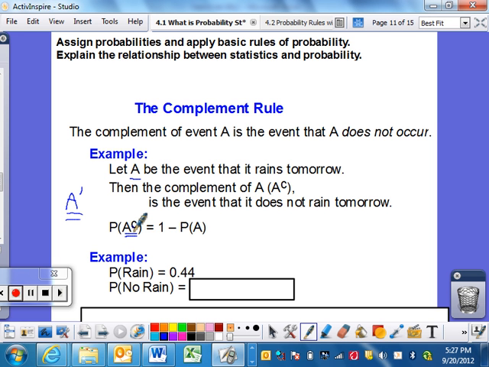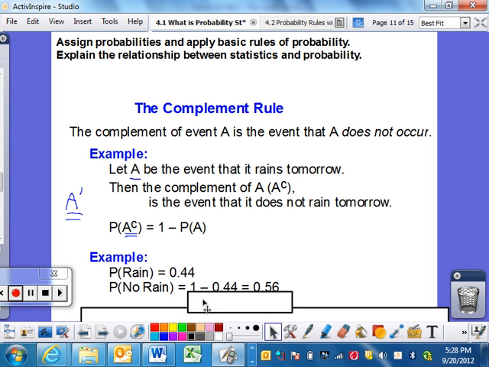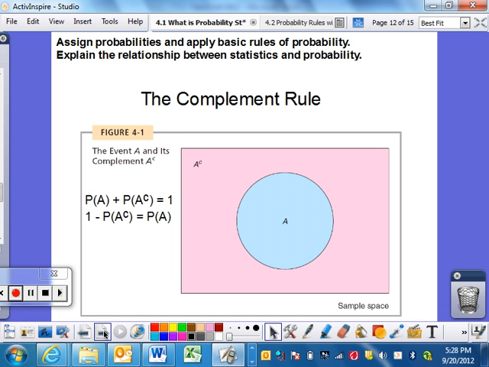So the probability of the complement could be A prime as well. The probability that it rains could be 44%. The probability of not raining, or the complement of it, you can just take 1 minus the 44% and make it 56%. The reason is that all the probabilities must add up to 100% or 1. So that's the important part with the complement rule, is understanding that.